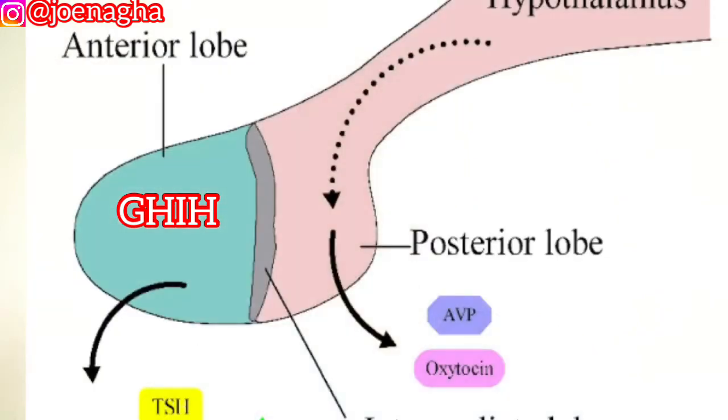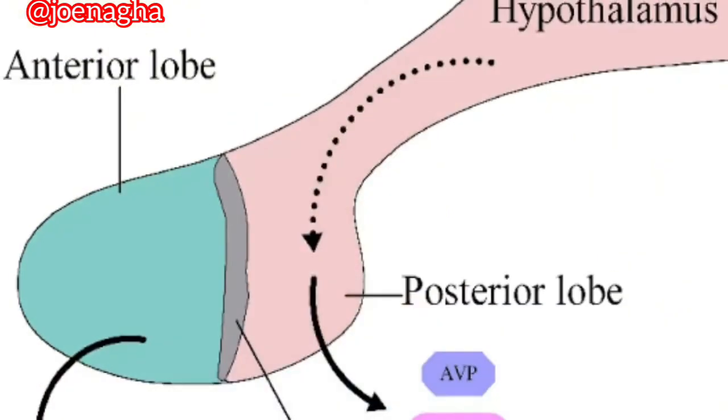Then the growth hormone inhibitory hormone, also known as somatostatin, inhibits the release of growth hormone from the anterior pituitary gland. So that is for the hormones that the hypothalamus secretes that bring about the regulation of growth hormone secretion.